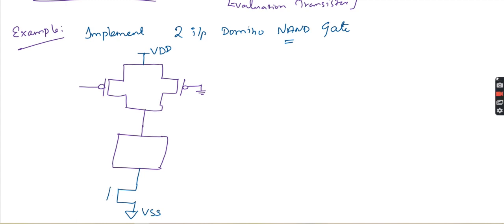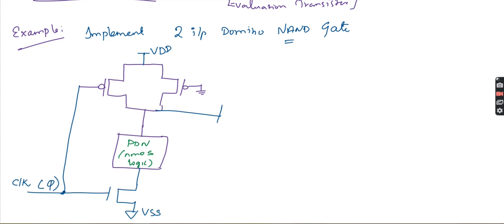Now we can see the clock, or sometimes we call it phi. Here you can see the NMOS pull down network, or preferably NMOS logic circuits. The diagram is not yet over.